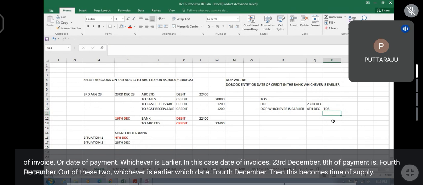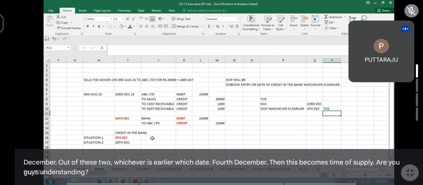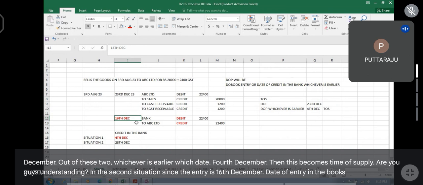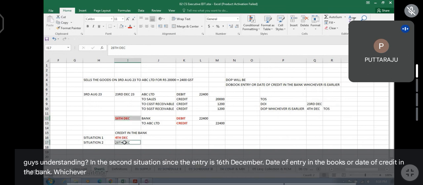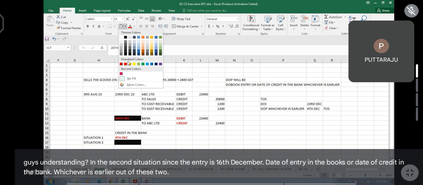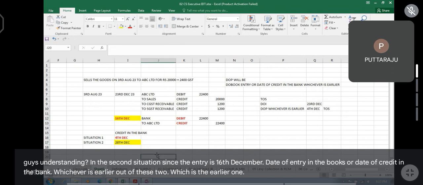Are you guys understanding? In the second situation, since the entry is 16th December, date of entry in the books or date of credit in the bank, whichever is earlier out of these two, which is the earlier one? 16th December.